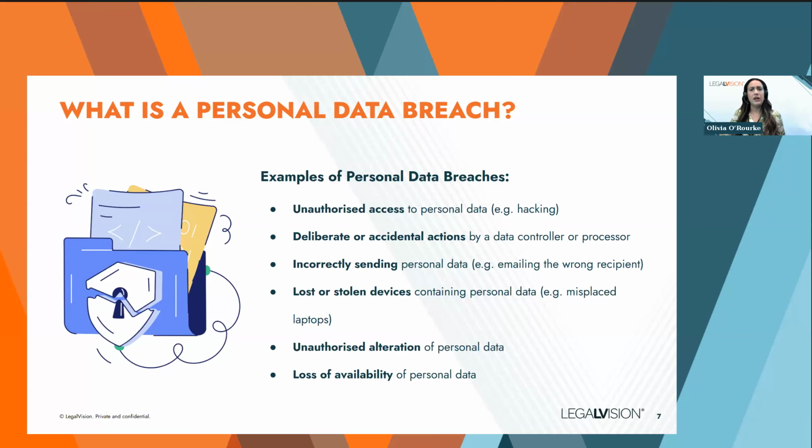So in summary, there'll be a personal data breach whenever personal data is accidentally lost, destroyed, corrupted, or disclosed, if it's accessed or passed on without proper authorization, or if the data is made unavailable and that unavailability has a significant negative impact on individuals.